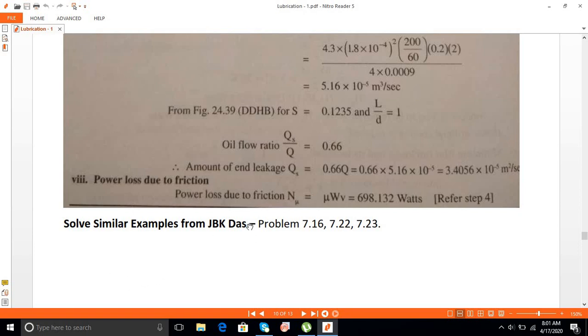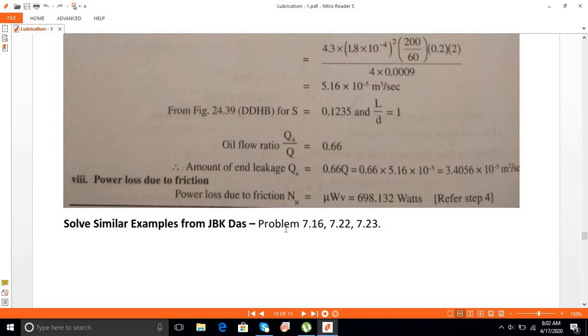So here, this problem gives us a brief explanation of the steps involved in the design of the particular bearings, and there are many more applications in our syllabus, like rotary compressors and centrifugal pump, and there is one more application where it is a motor.